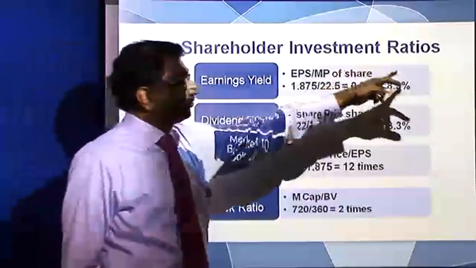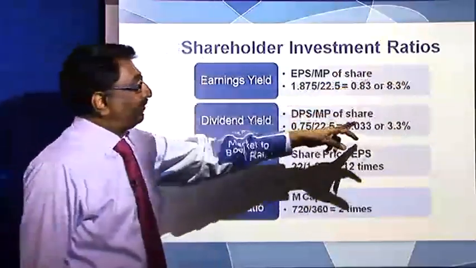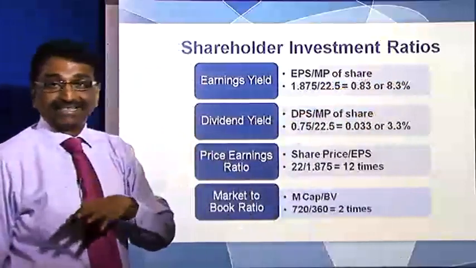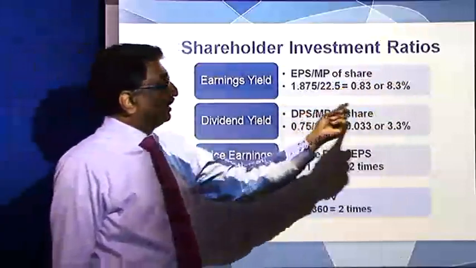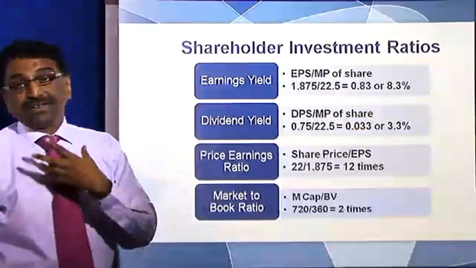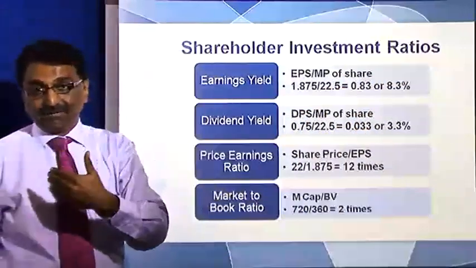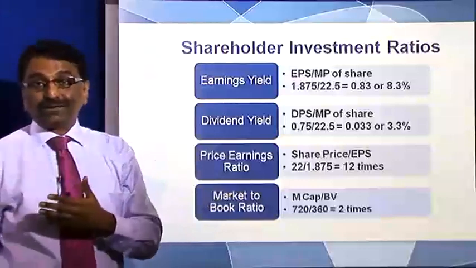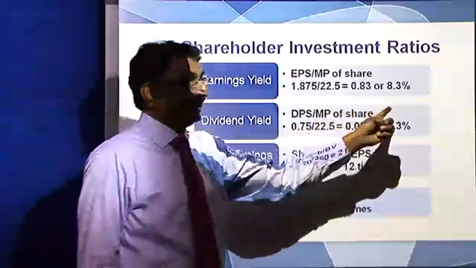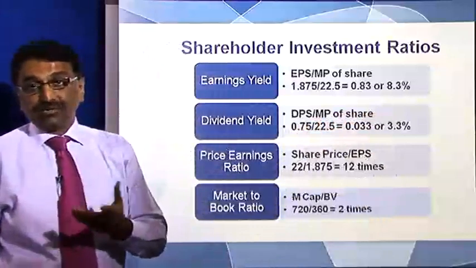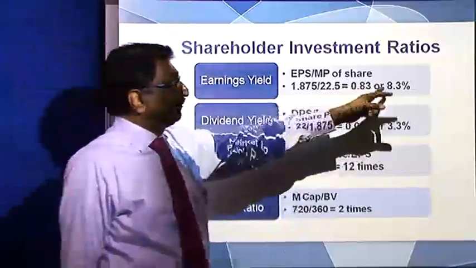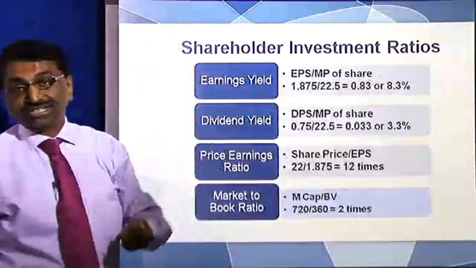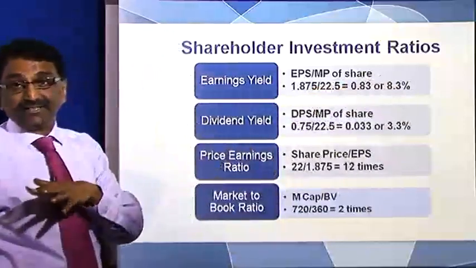This belongs to me totally as a shareholder, of which I got 3.3% in cash and the balance got put back into the company. If I am an investor who is dependent on income, where I want more income to come in, I may not be very happy. But if I am an investor who is willing to wait for the company to grow and redeploy the amount to generate much higher returns, then I can do that.